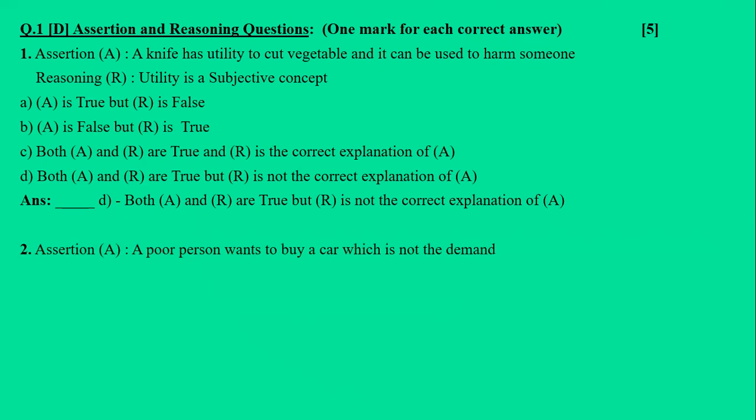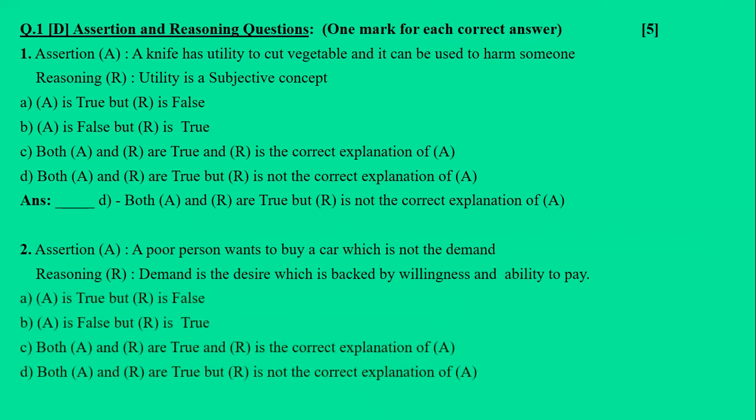Now see the question here. Assertion: a poor person wants to buy a car, which is not a demand. Reasoning: demand is the desire which is backed by willingness and ability to pay. Now see the options here. A, A is true, but R is false. B, A is false, but R is true.